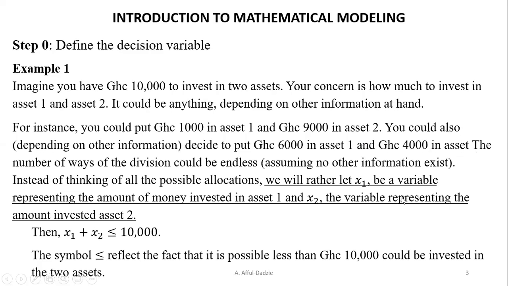But how do you make this decision, out of your guts, or probably saying, oh, I feel like this? Some of you are very religious, and a prophet will tell you, okay, invest 3,000 in asset 1 and 7,000 in asset 2, and you also go and do it. Well, in the case of math, we say, how about we represent this as a mathematical problem and try and optimize it and solve it and see whether it does work.